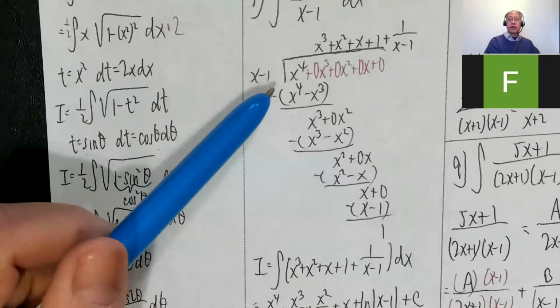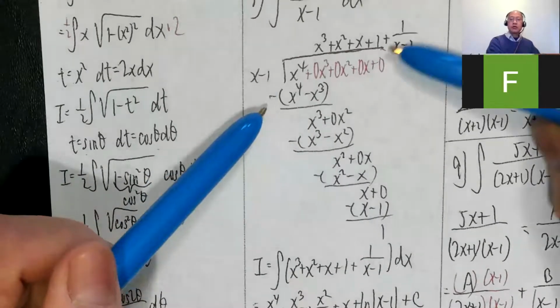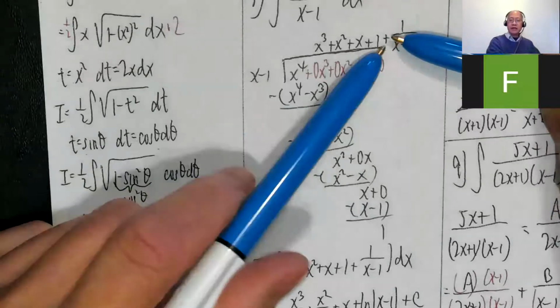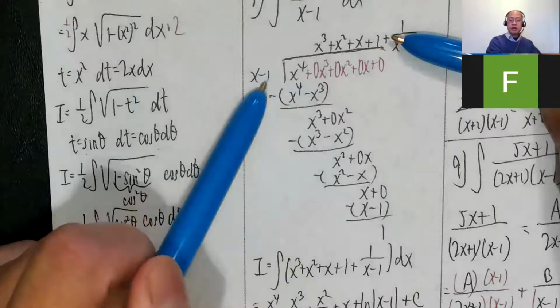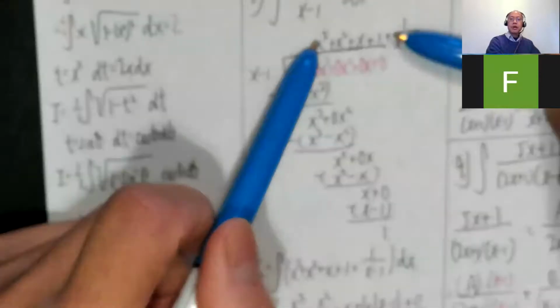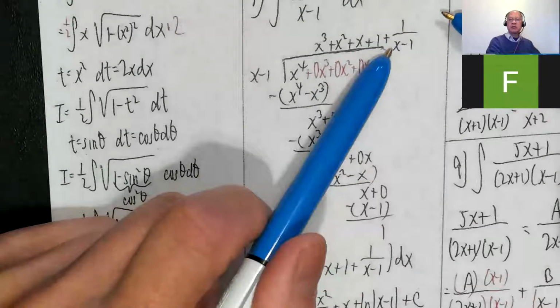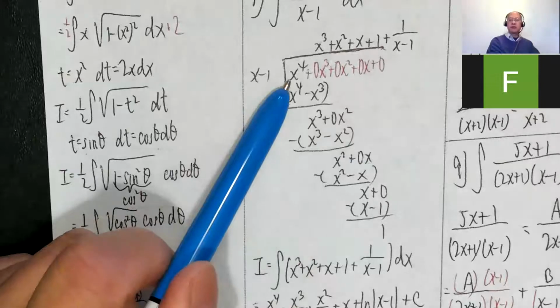Right, and a way to double check that, of course, is if you were to multiply that by that, x minus 1 times all that stuff, and then you add on the 1 over x minus 1, you should get back x to the fourth. Okay, you can check it or not, but see, that's it.